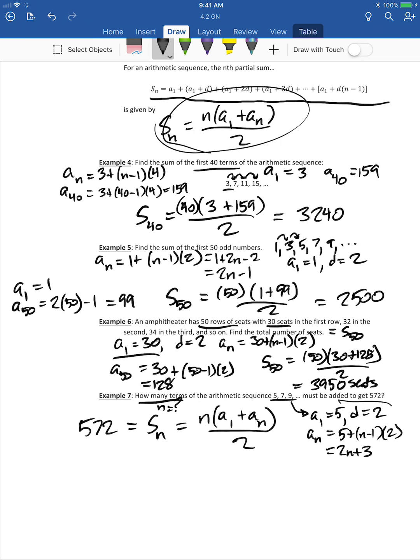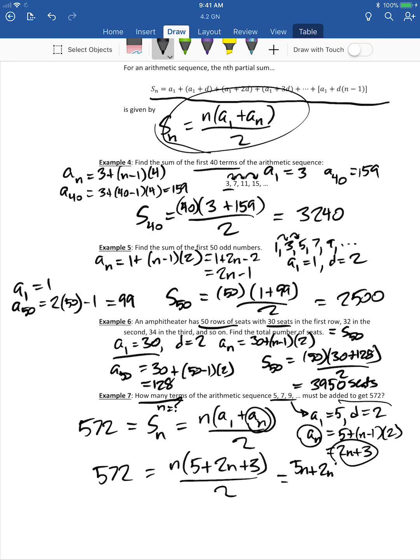So my an is 2n plus 3, so 572 equals n times a1 we just said was 5, plus 2n plus 3 all over 2, which is 5n plus 2n squared plus 3n over 2. 572 equals 2n squared plus 8n over 2.